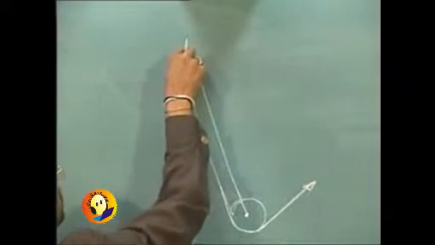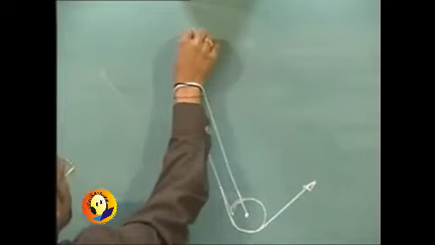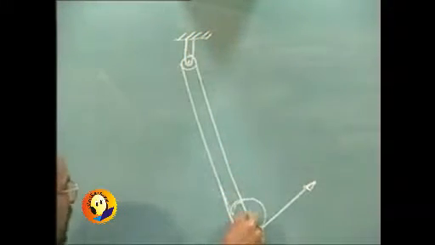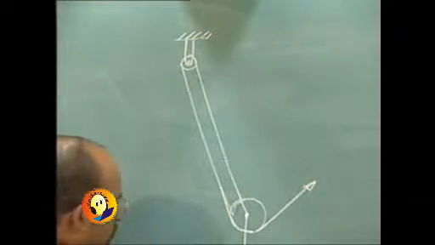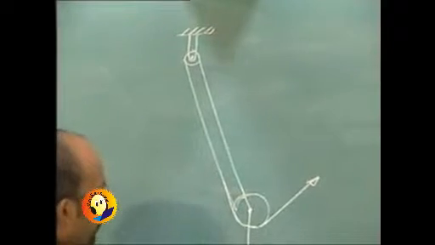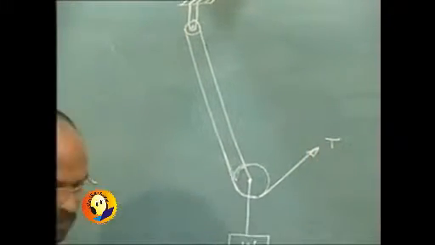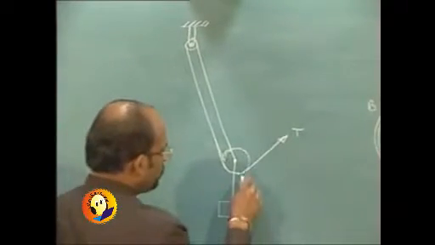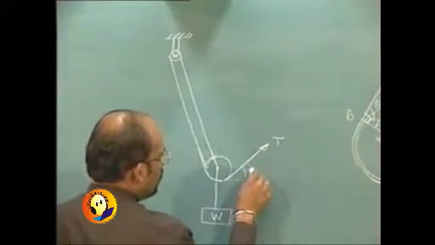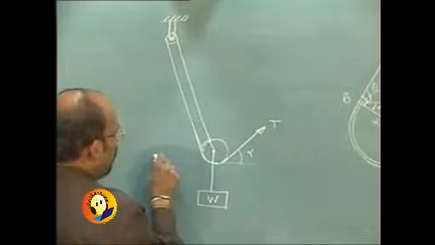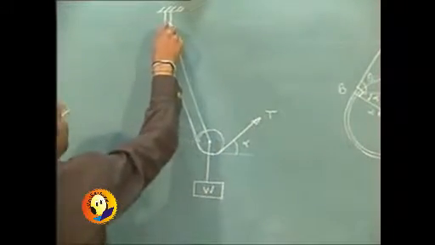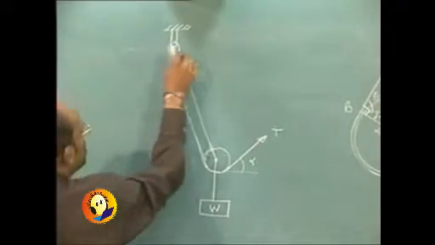This pulley is, of course, supported and there is some weight which is attached to it. This is tension T, at an angle alpha, and we already have the information about the distances.